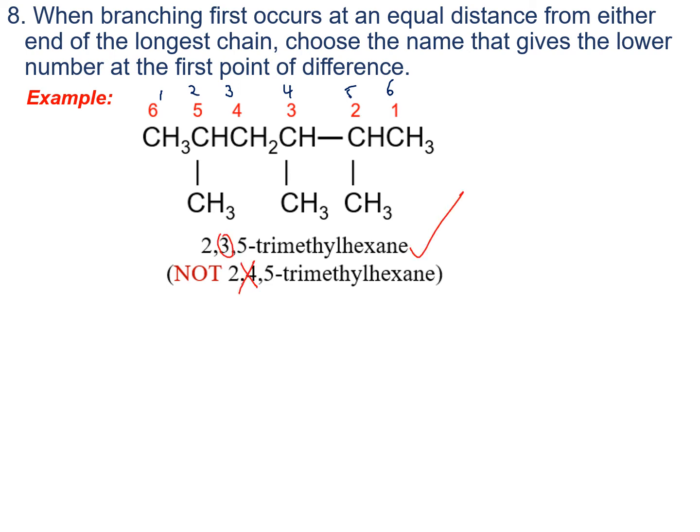So we choose this name according to the IUPAC nomenclature. You have to choose the lower number at the first point of difference, so therefore the IUPAC name for this organic compound is 2,3,5-trimethylhexane.